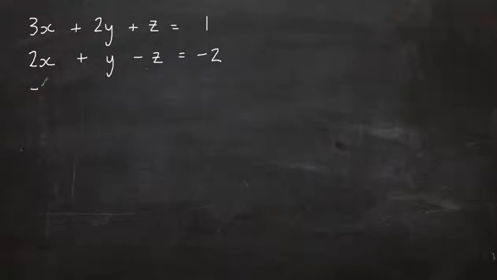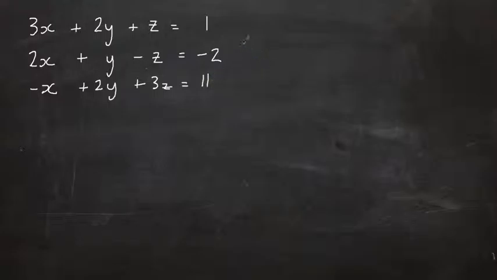Say you've got 3x plus 2y plus 1 lot of z is equal to 1, and also we know that 2 lots of x plus 1 lot of y minus 1 lot of z is equal to minus 2, and also say minus 1 lot of x plus 2 lots of y plus 3 lots of z is equal to 11.